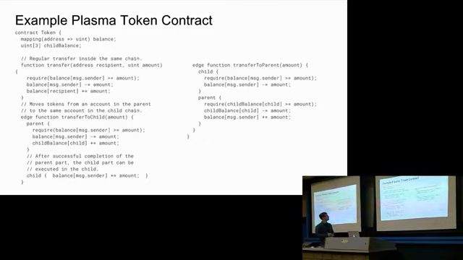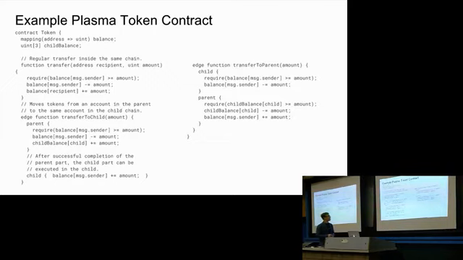And this first function is the regular transfer function that is present for all regular tokens. So this can be used to transfer a token from one account to another account in the same chain. You specify a recipient and an amount. It checks that you have the required balance, and then it removes the balance from your account and adds it to the recipient's account.